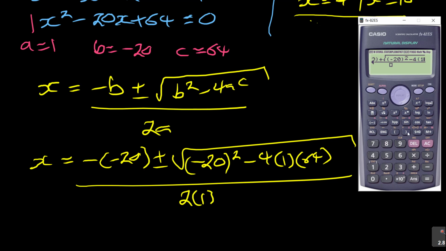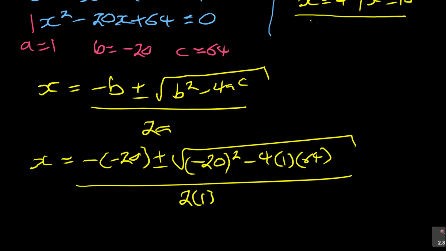My a is 1, my c is 64, and then divided by 2 and 1, like this, equal to 16. You see the first one, and then you go back, you change plus to minus. See that? So x is equal to 16, the one that we got, and x is equal to 4.